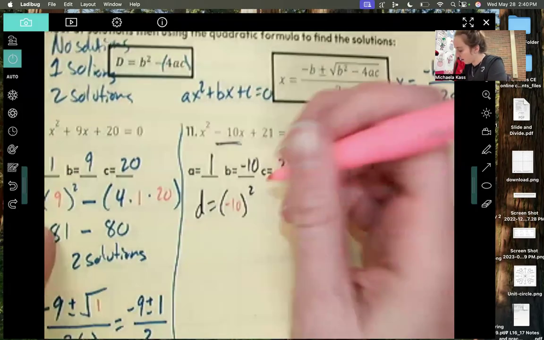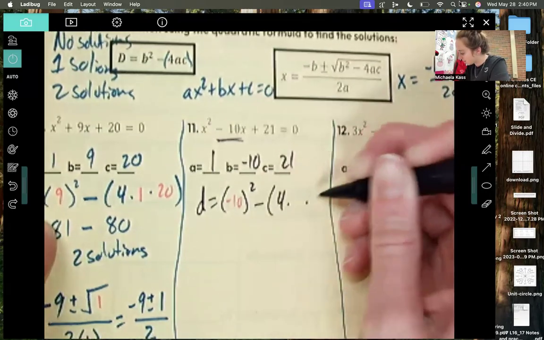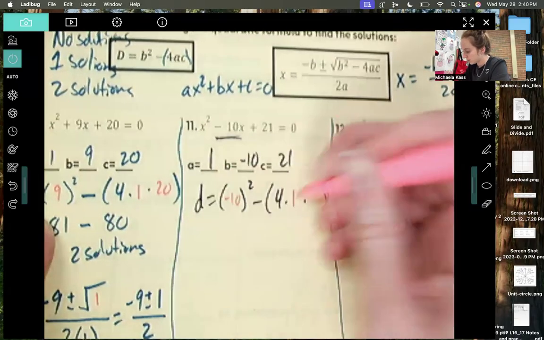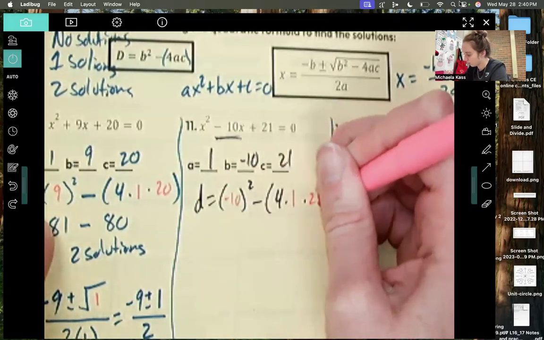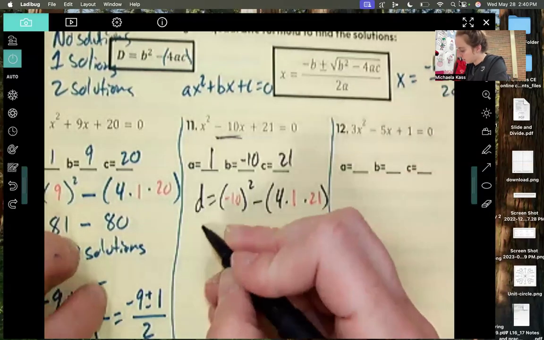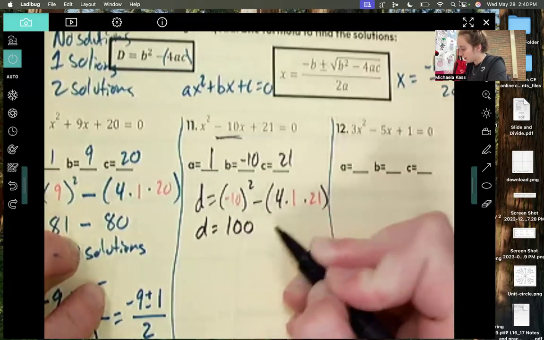All right, now we have minus 4 times A times C. So A is 1 times C, which is 21. Okay, now I'm going to break it apart. We got D equals negative 10 squared, I know is 100.